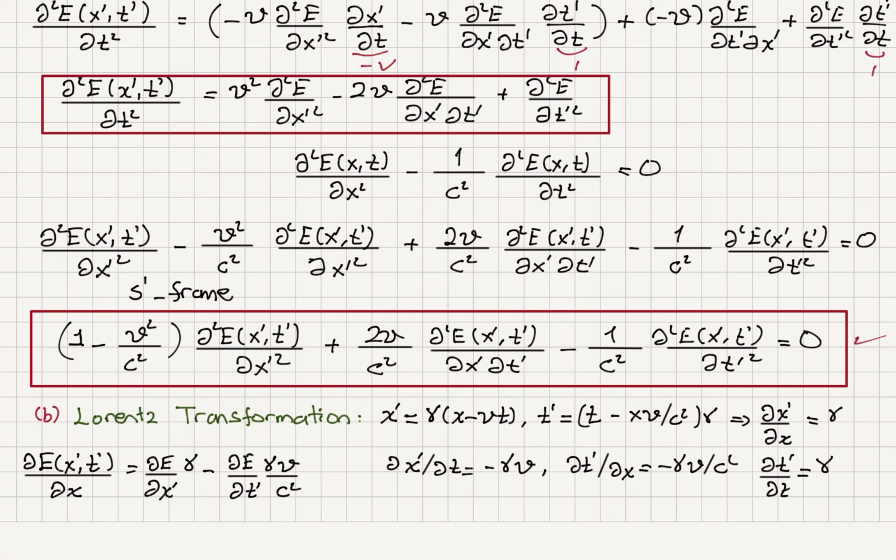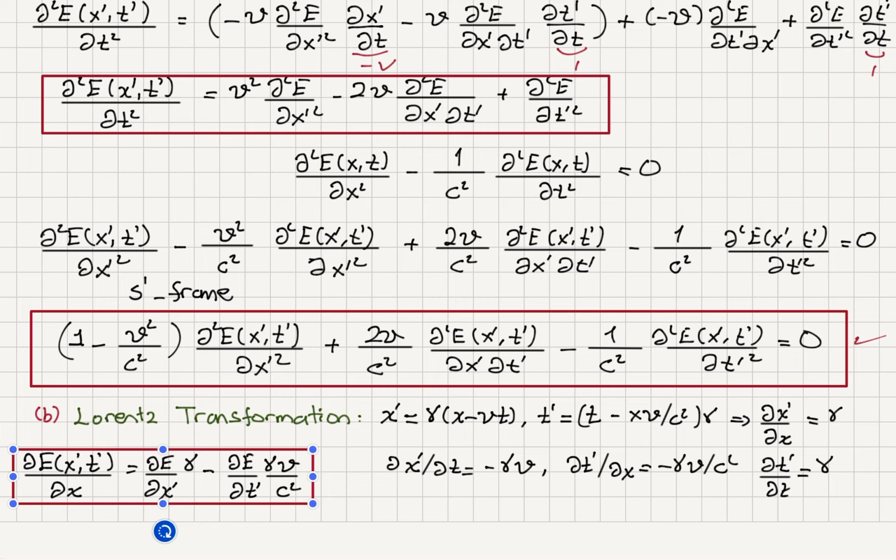So this was plus, but because of the minus gamma v over c squared, this actually becomes minus. So that's the first equation I need, the derivative of the electric field with respect to x when the electric field is a function of x prime and t prime.